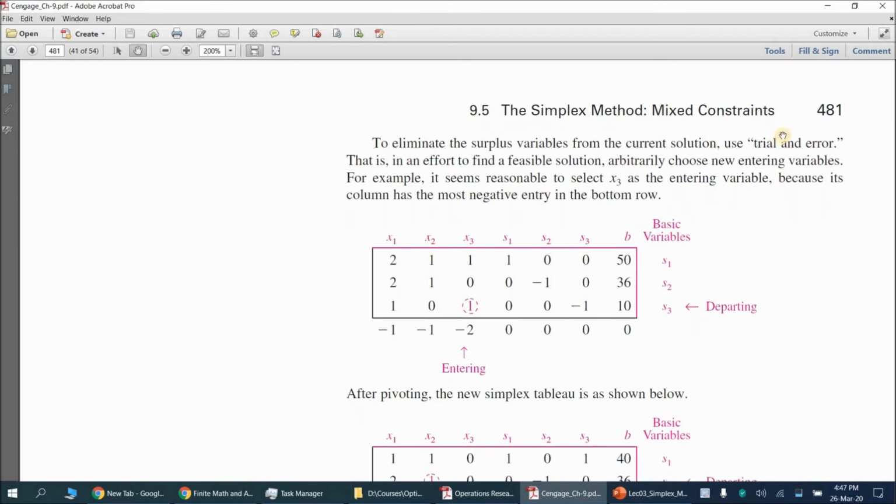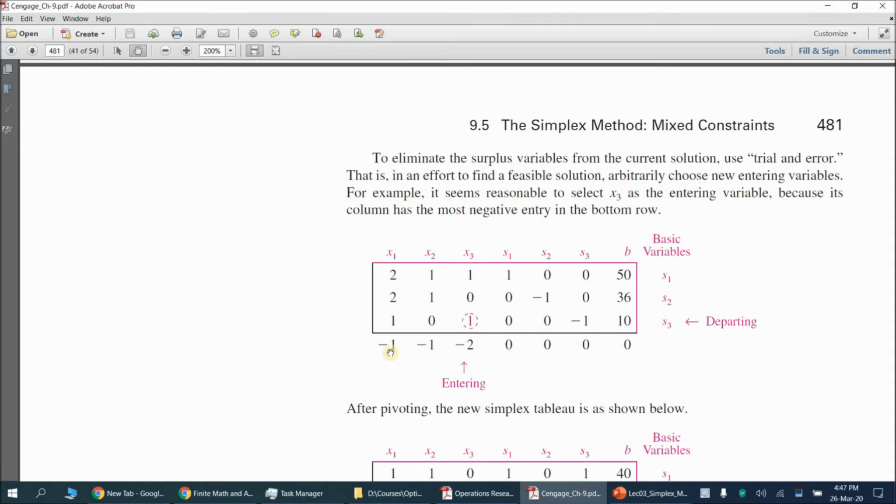So what they are trying over here, for example, is the same thing. If you remember, from the non-basic variables you try to select one variable which can enter. Because it's a maximization problem, you choose the highest negative value, which is -2. So you select this one as the entering variable x3, and the departing variable you select based on the ratio.